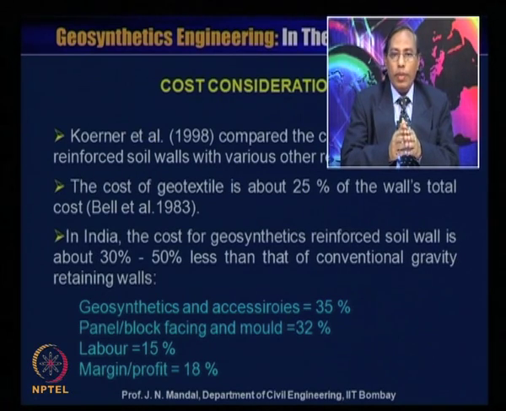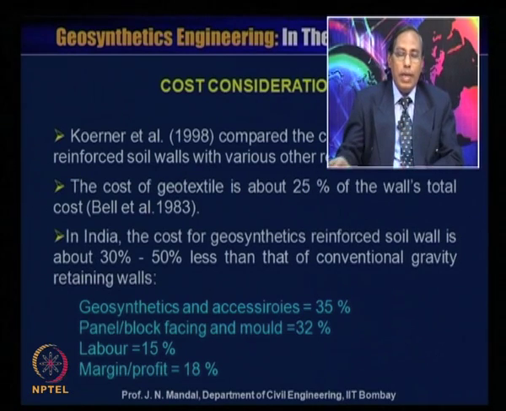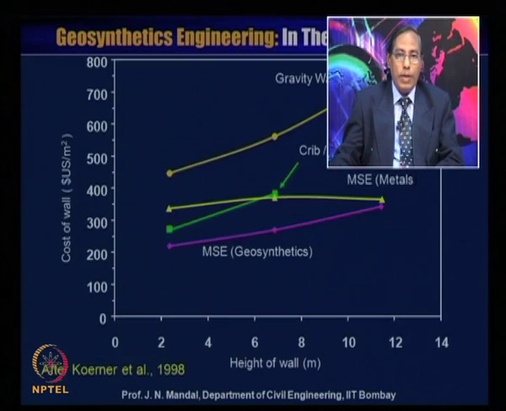In India, the cost of the geosynthetic reinforced soil wall is about 30 to 50% less than that of conventional gravity retaining wall. Generally, geosynthetics and accessories are about 35%, panel and block facing and mold about 32%, labor 15%, and margin and profit about 18%.